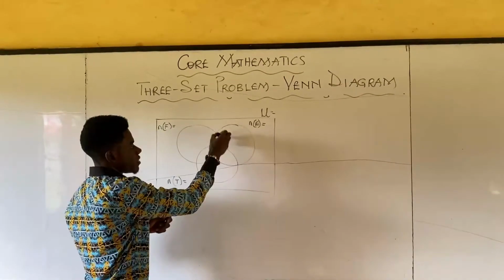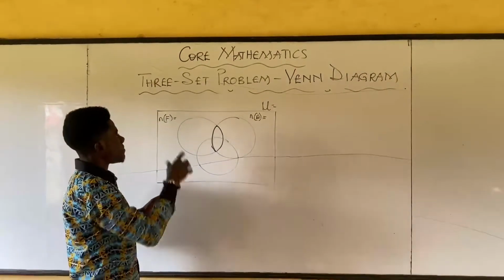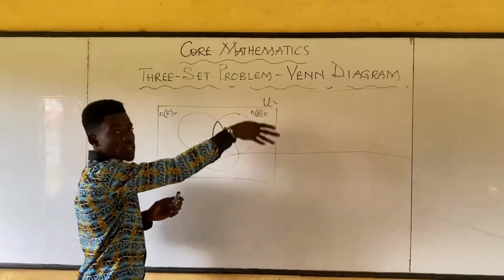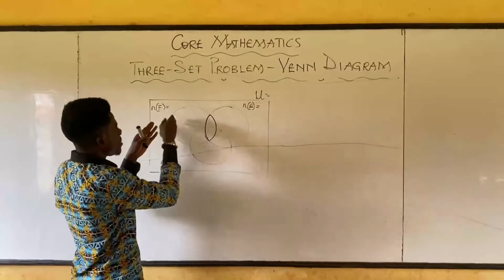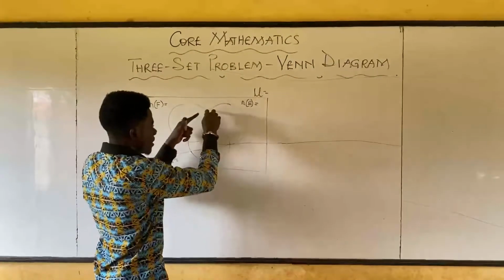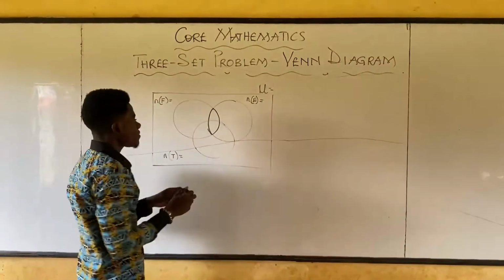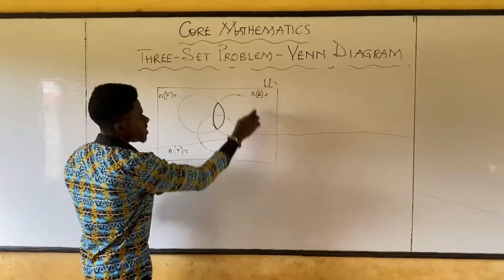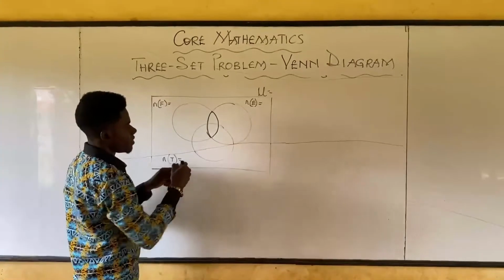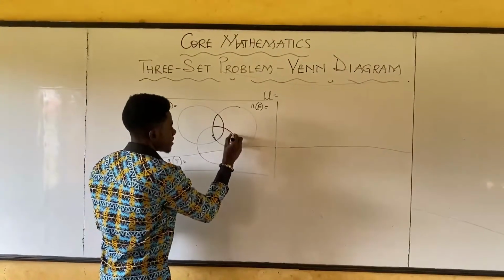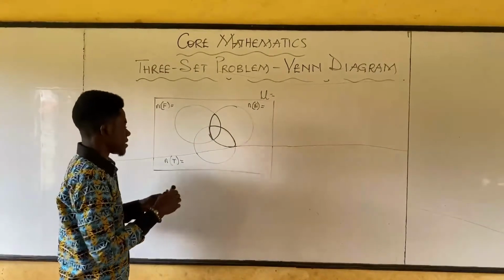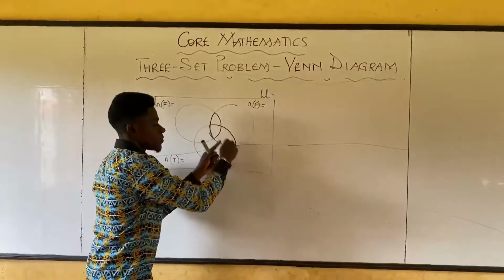So this portion is the number of French students intersection number of English. Now, if you consider this set E and the T, they are intersecting at this portion. So we can say that their intersection is this portion.